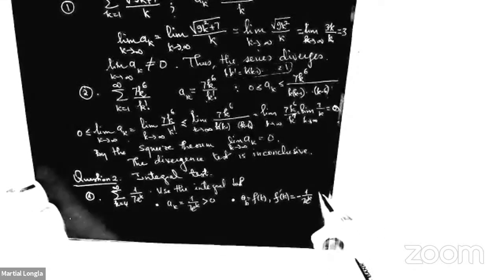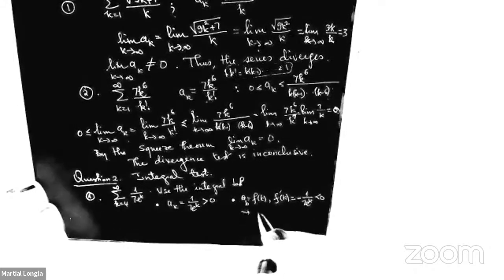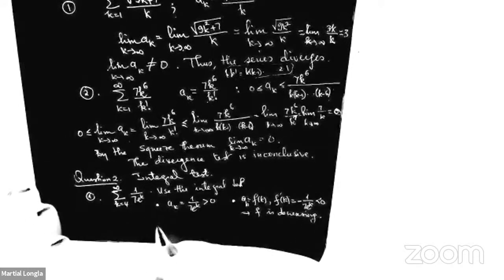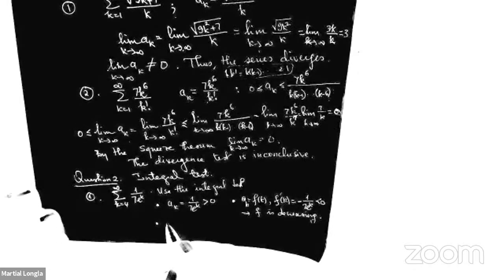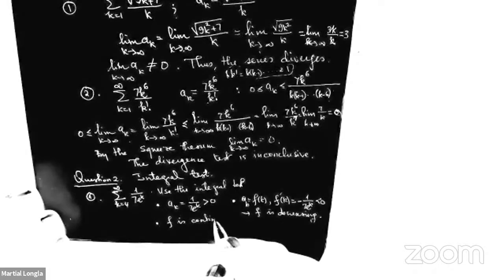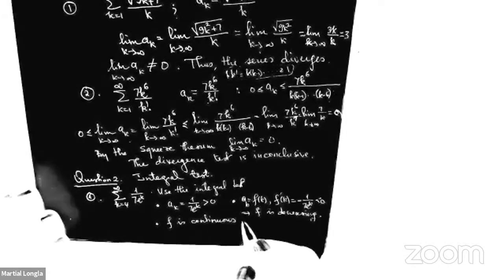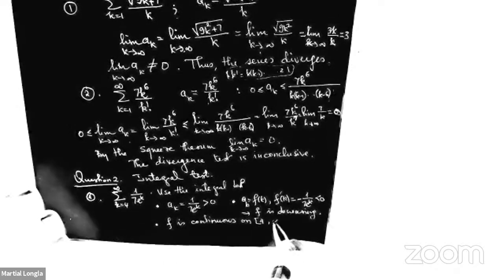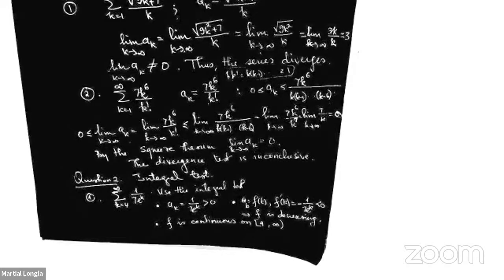And this derivative is negative, which means that f is decreasing. Then the last one, you report the interval. f is continuous on that interval where you have the sum. Then, okay, you have all the assumptions that are necessary for this theorem, and now you can apply it to compute the integral.